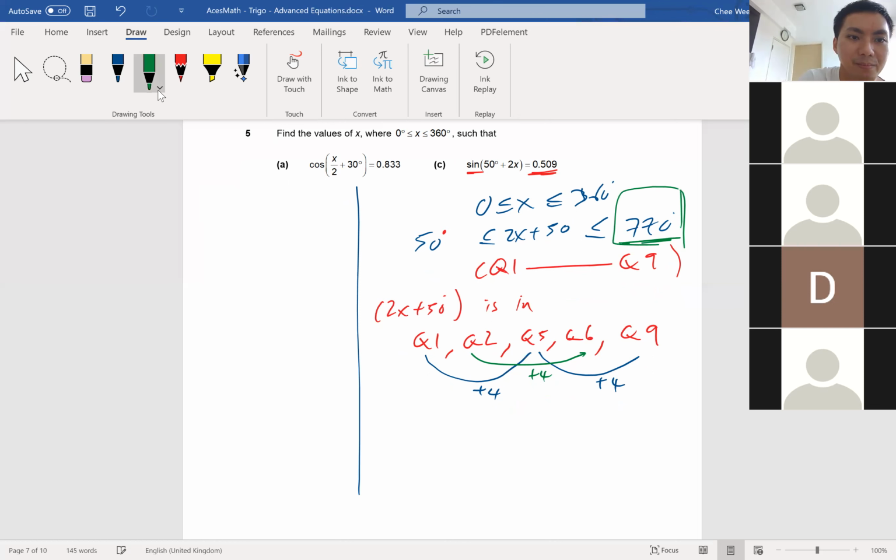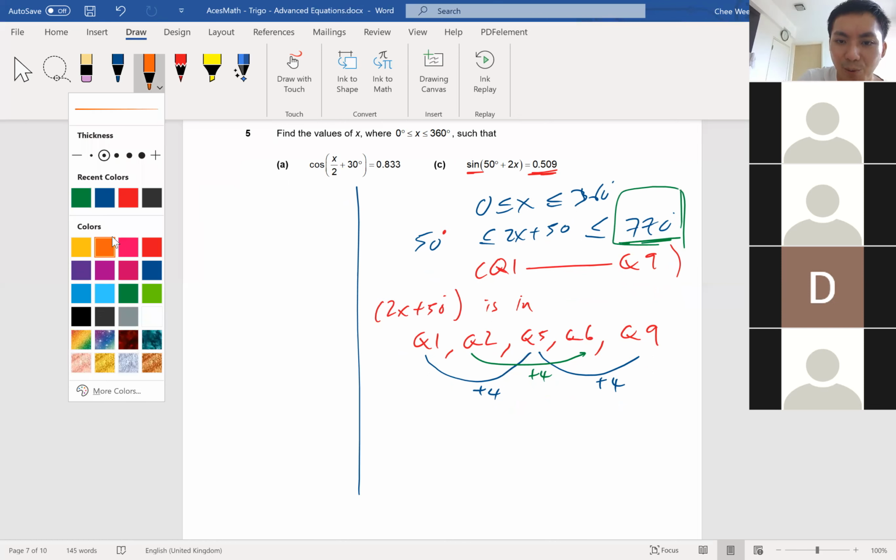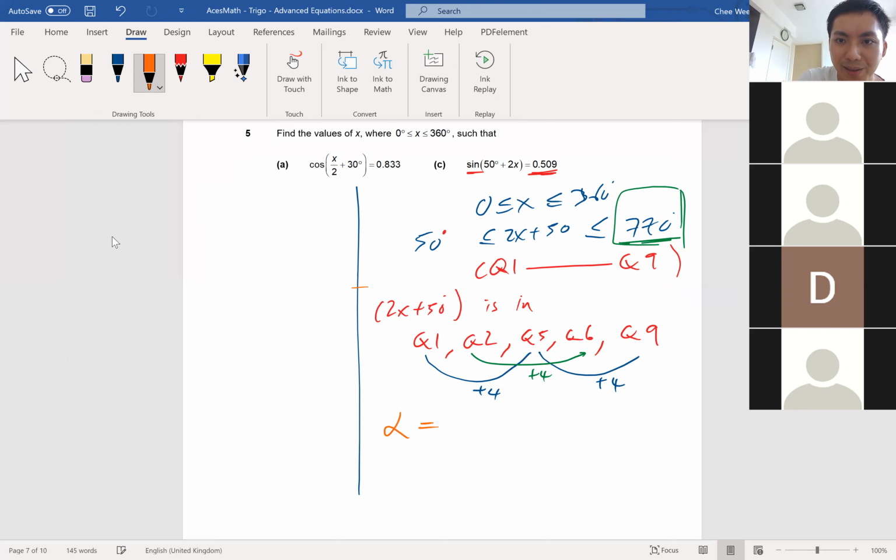All right. Then from here, you should always calculate your alpha now. Alpha would be arc sine 0.509, which will give you, this is in degrees mode, so arc sine, so 30.6 degrees then. So I'm just writing 1 dp for easier writing, okay?